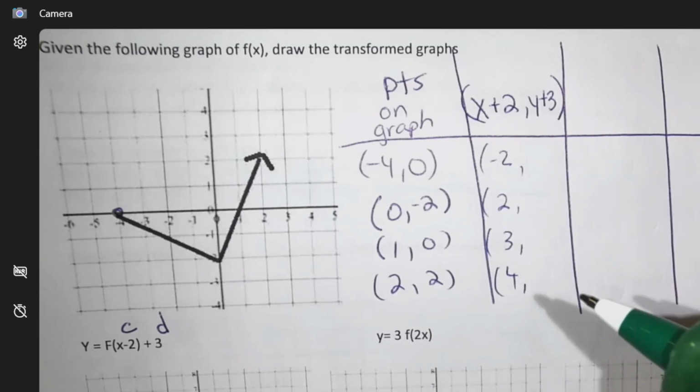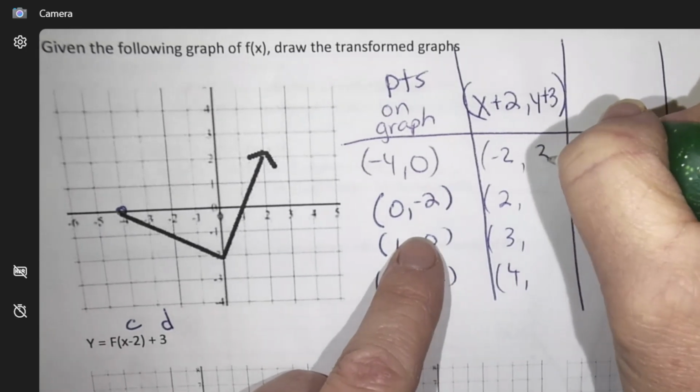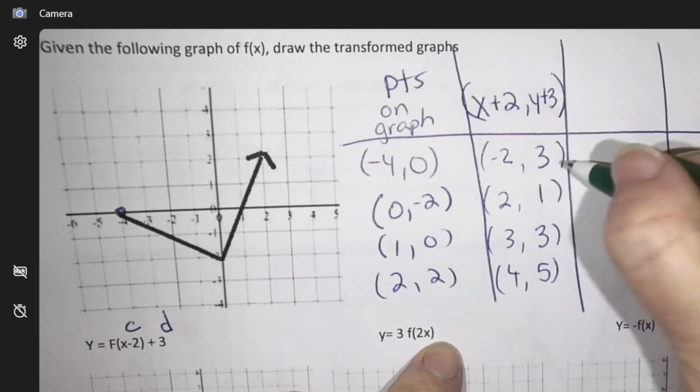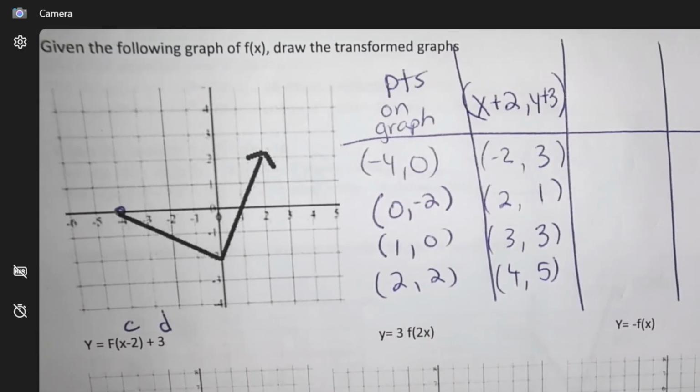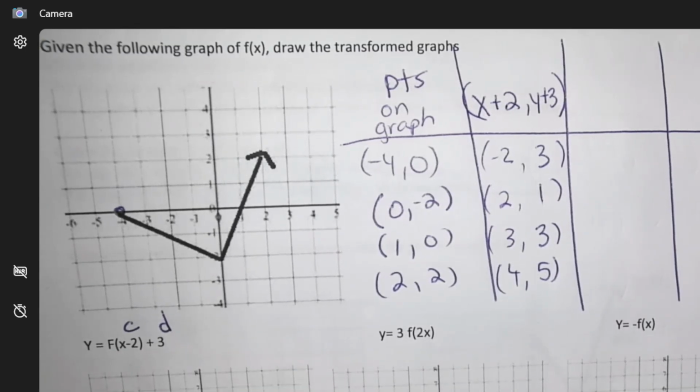Can you do all the y's now? Add 3, add 3, add 3. Then you have these 4 points and you graph them.